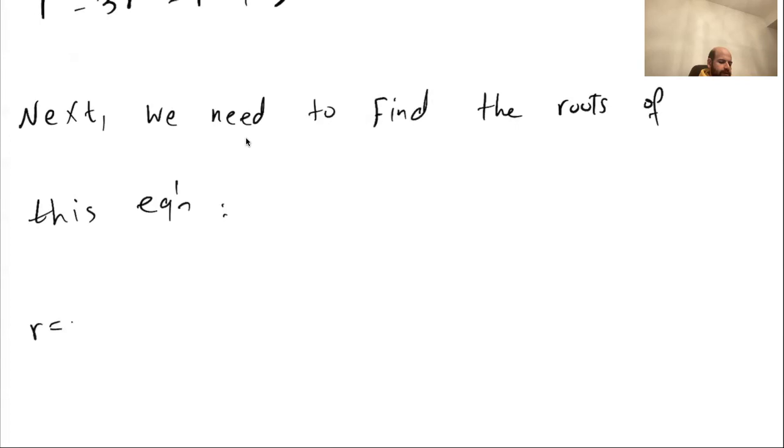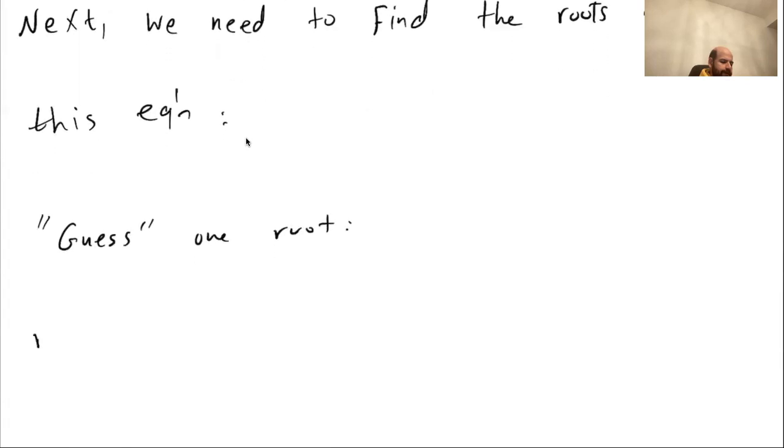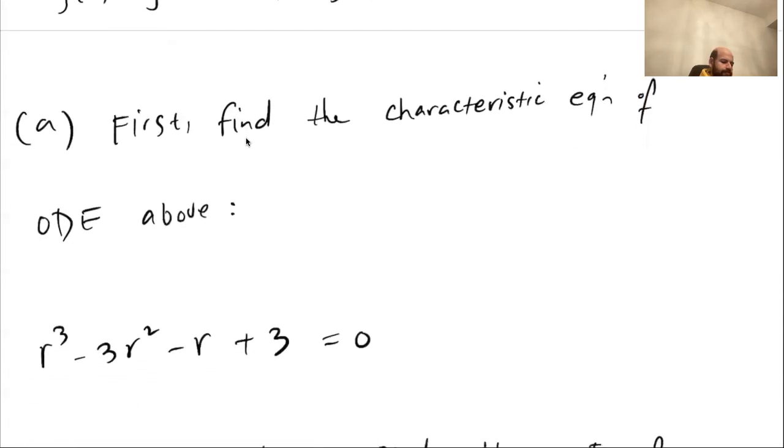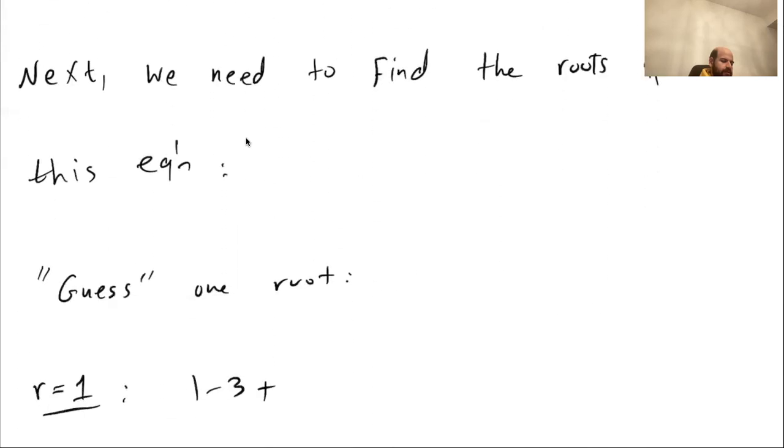So we guess one root, r equals 1. Then we'll have 1 minus 3 plus 1 minus 3 minus 1 plus 3, which is 0.